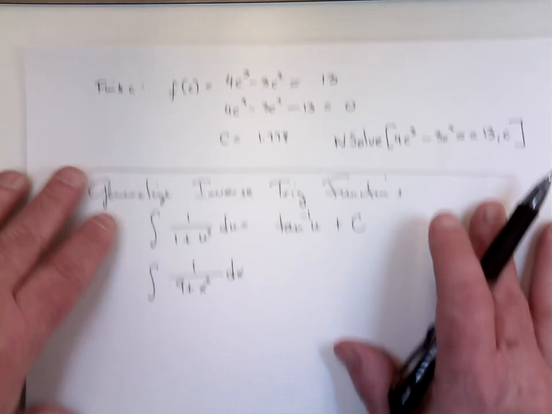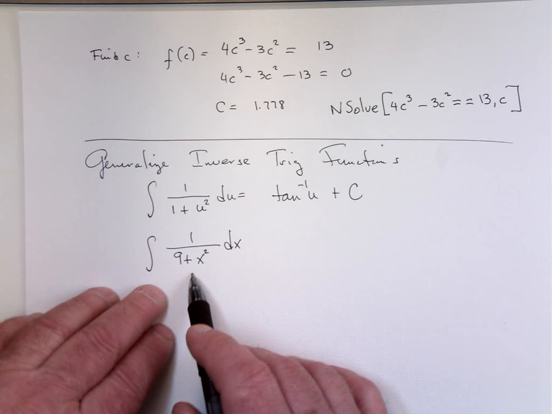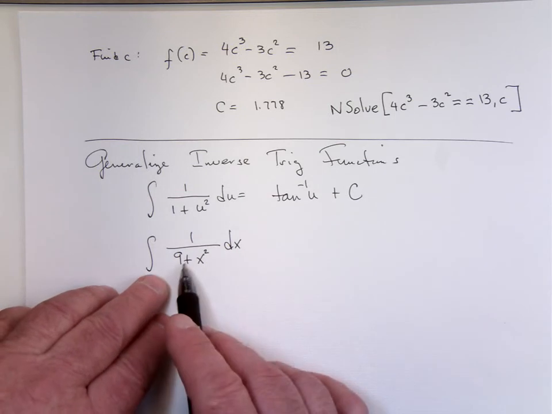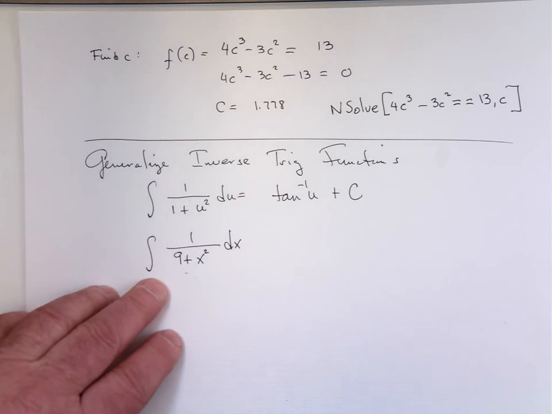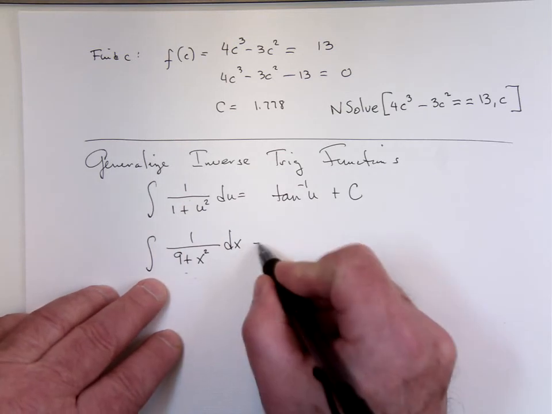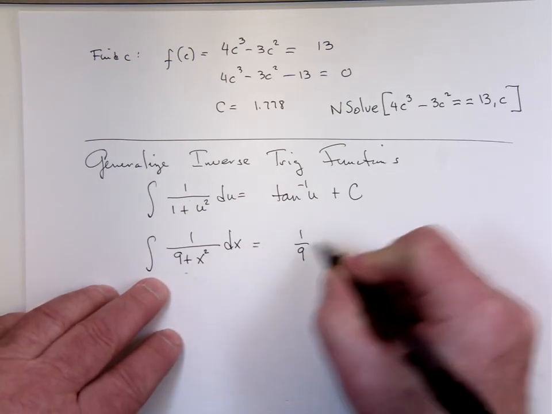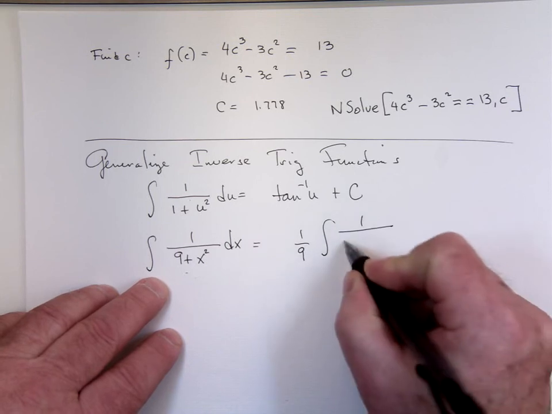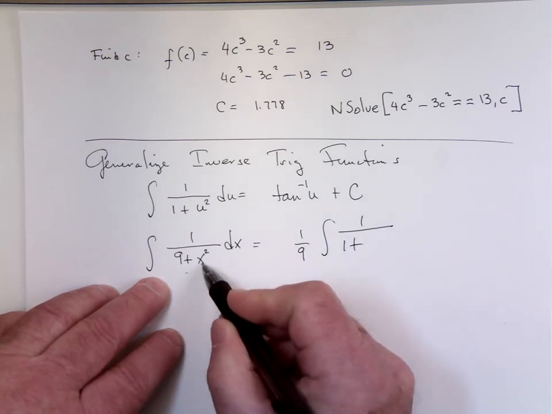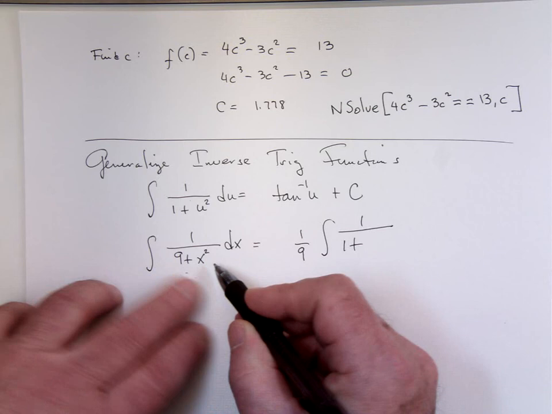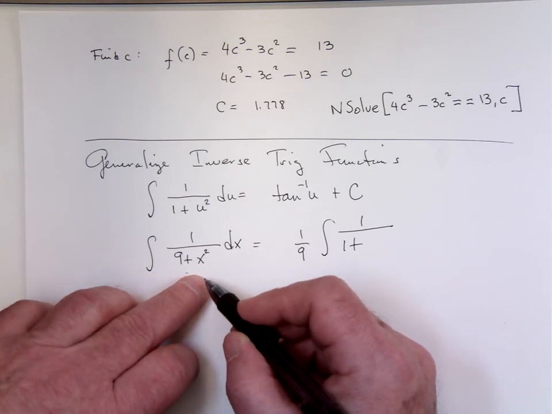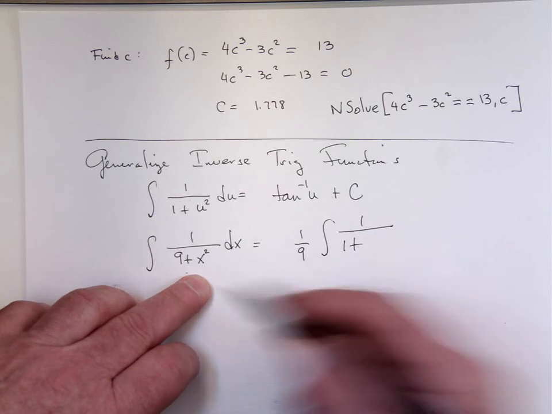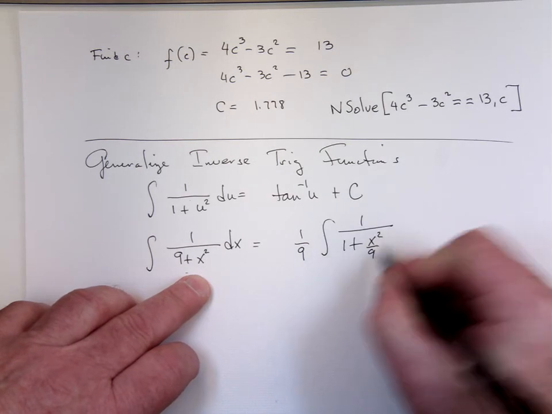So here we go. Let's do one, specifically this one, and then we're going to generalize it, okay? Now, we want to go from here to here. What are we going to do? I'm going to take a 9 out. When I take a 9 out, I can't just rip the 9 out of this 9. I have to take the 9 out of this x squared. What you should do is consider this as 9x squared over 9. Take the 9 out and it becomes x squared over 9.